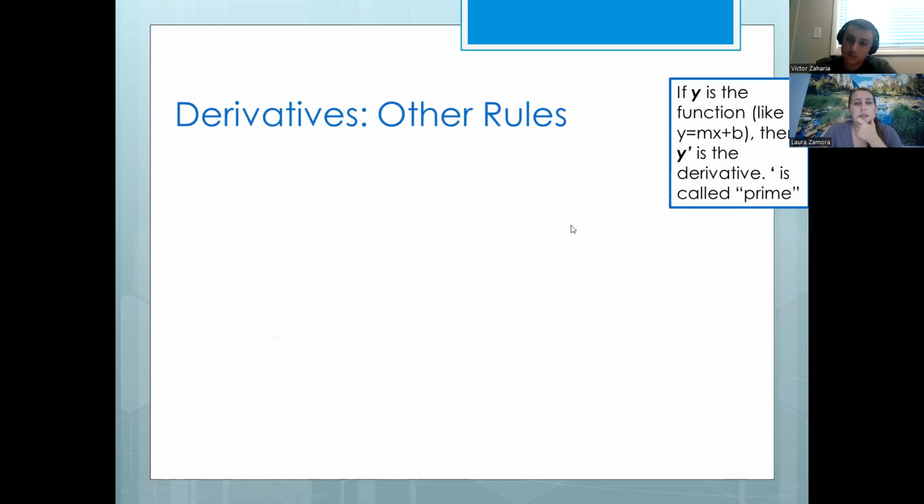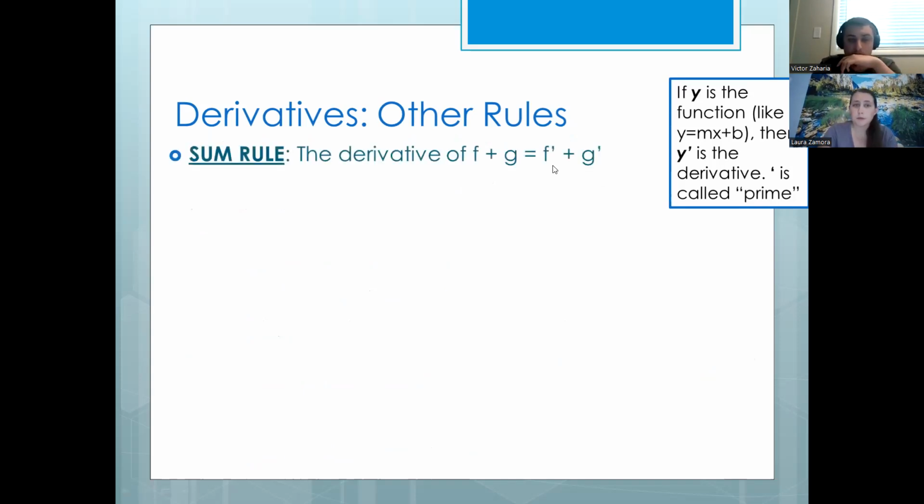Okay. So let's quickly run through some of these other rules that we'll apply later on. There's a sum rule. If you have an equation that has addition in it, so like f plus g, the derivative of f plus g is f prime plus g prime, or the derivative of f plus the derivative of g.